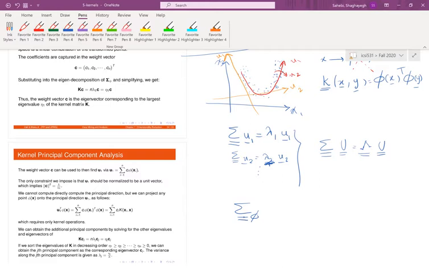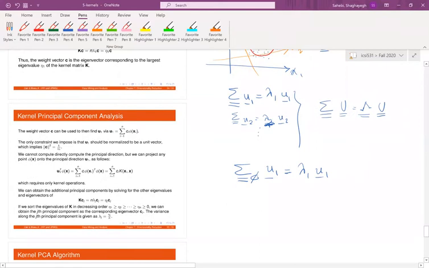Multiplied by U1, this red U1, the direction of maximum variance in the feature space, is equal to lambda 1 U1 again. So our goal here is to find the U1 and lambda 1 given our covariance matrix in the feature space. Okay, so let's see how we can find this.